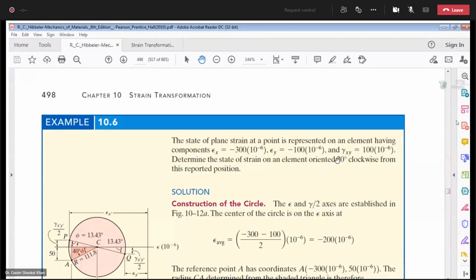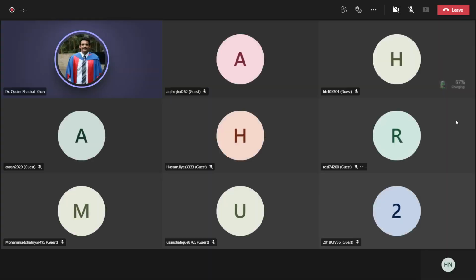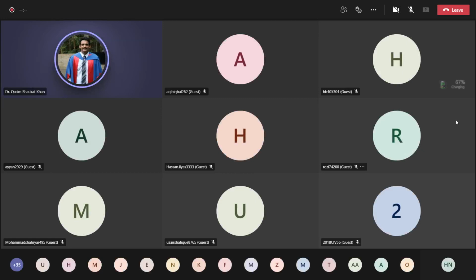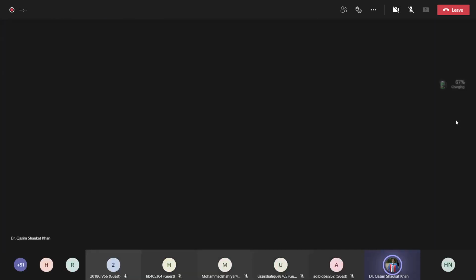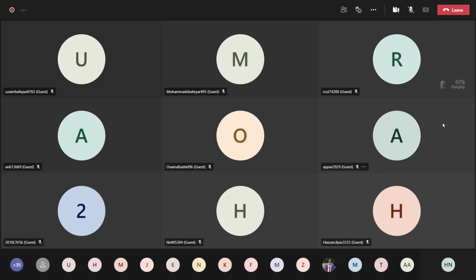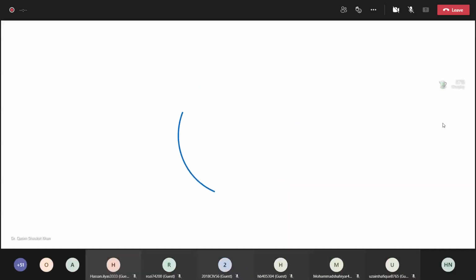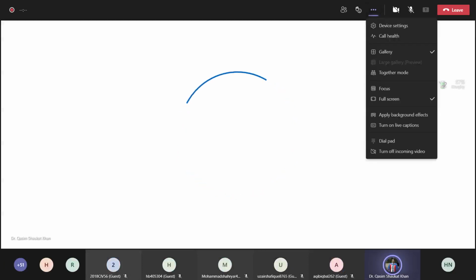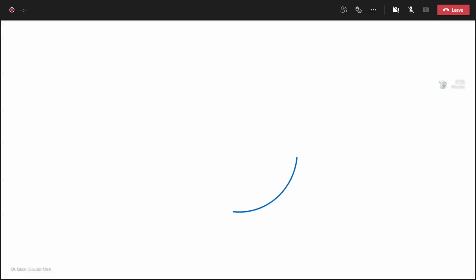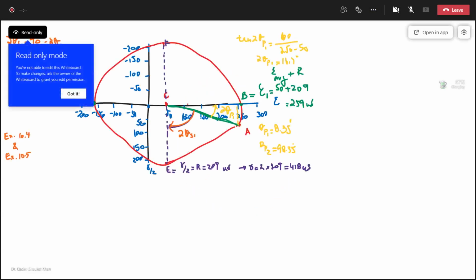So theta on the Mohr circle will be 2 times this, 20 into 2, minus 40. Let's go back.